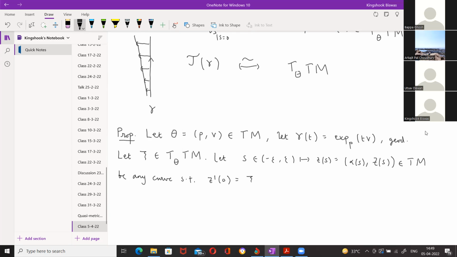So I'm taking a tangent vector to Tm at theta, and then I'm taking a curve passing through. So Z0 is theta and Z prime 0 is xi.